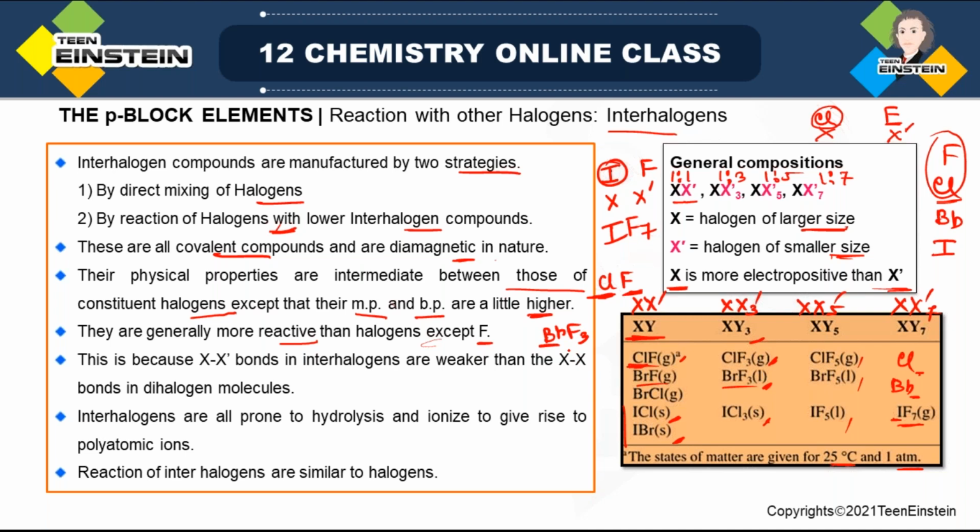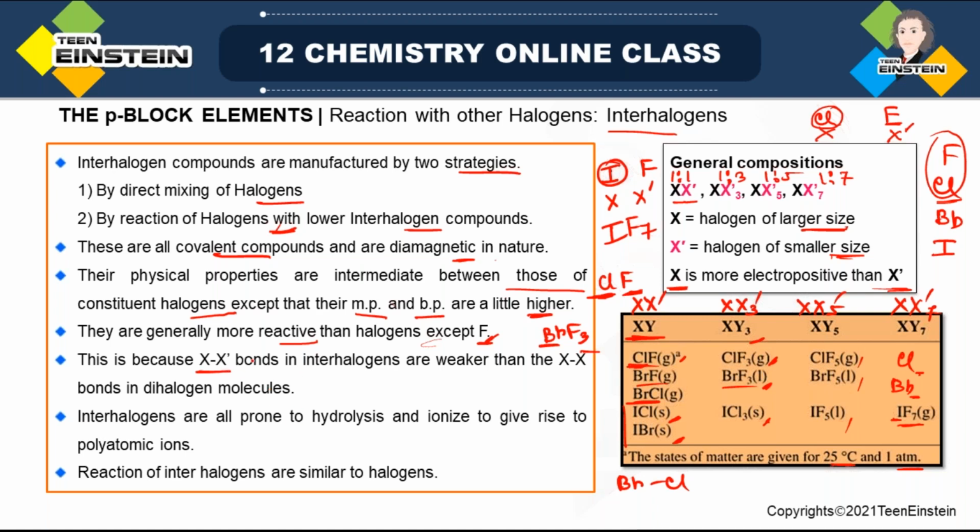Compared to the individual halogens it will be more reactive, but when fluorine is present, as in this example, it is the exception. So better you take another example. Suppose you take BrCl. The constituent halogens are bromine and chlorine. So BrCl will be more reactive than the original bromine and chlorine as elements. Okay, that is mentioned here.